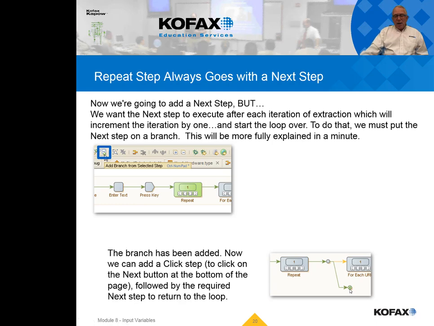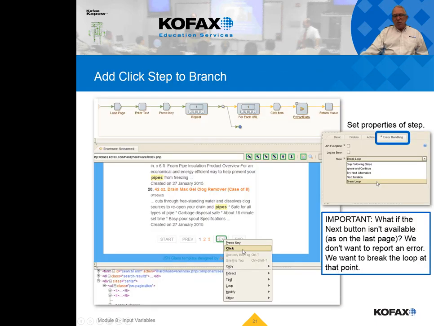So what I want to do now is put the steps that happen after we have run all of the looping steps on the for each URL step. What's going to happen is that the robot then bounces back here, goes down to the next branch.